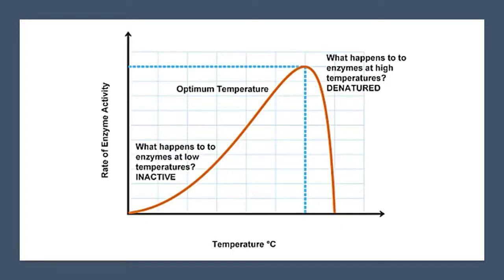This is a graph that is showing the optimum working temperature of an enzyme, that when an enzyme will be operating at a much lower temperature than the optimum working temperature of an enzyme, the enzyme becomes inactive. While if the enzyme is exposed to a higher temperature, the enzyme itself denatures.